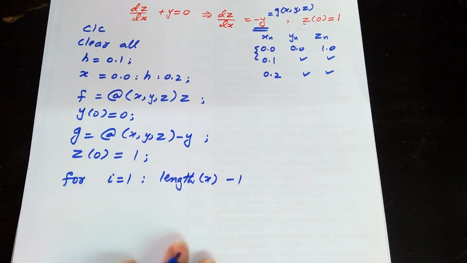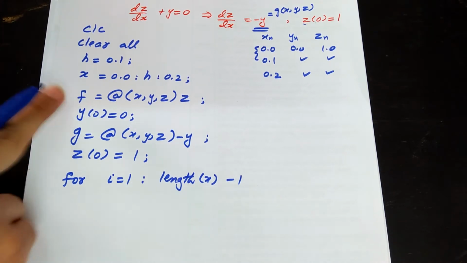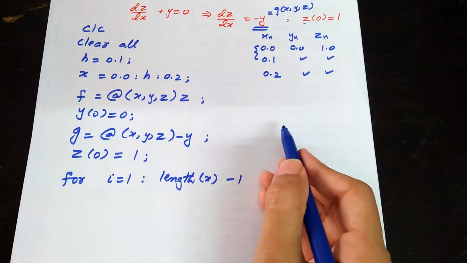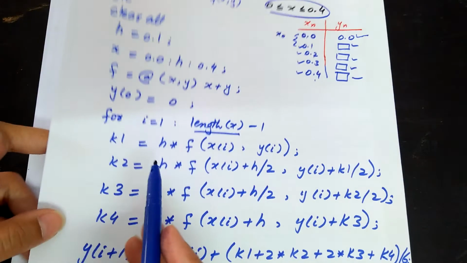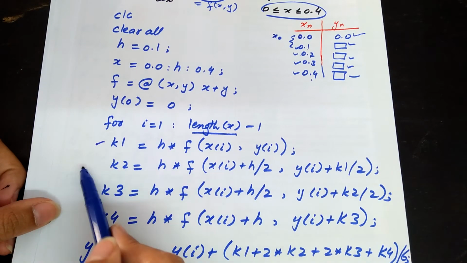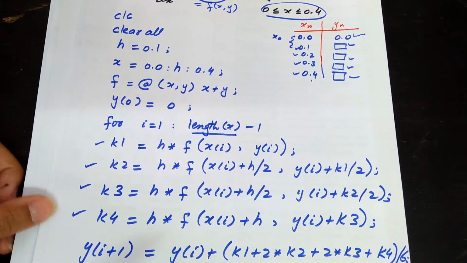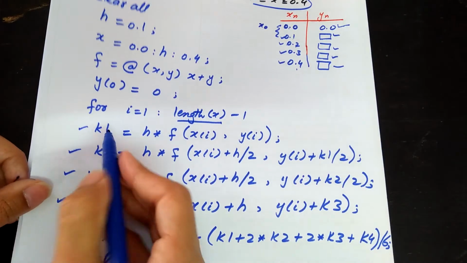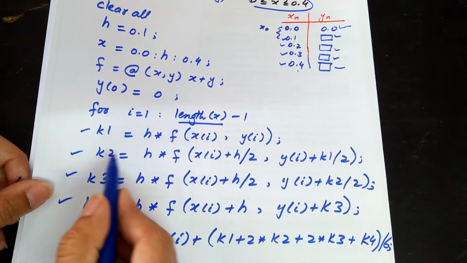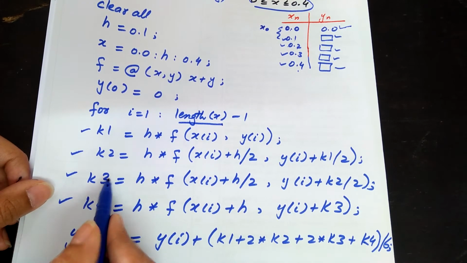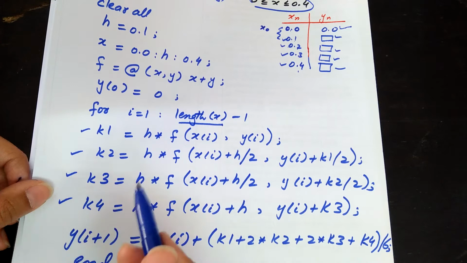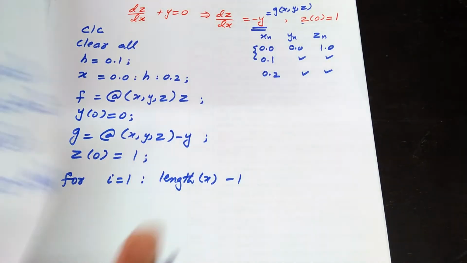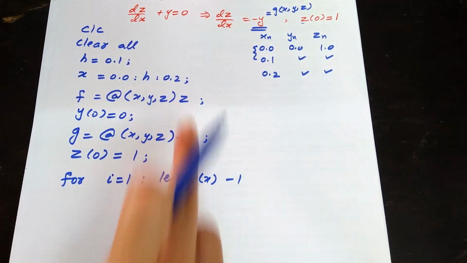Now, here I have two functions. For the first order RK method, I used K1, K2, K3, K4. Now I need these four, but for two functions. So I need K1, L1, K2, L2, K3, L3 and K4, L4. L is for this second function and K is for this first function.